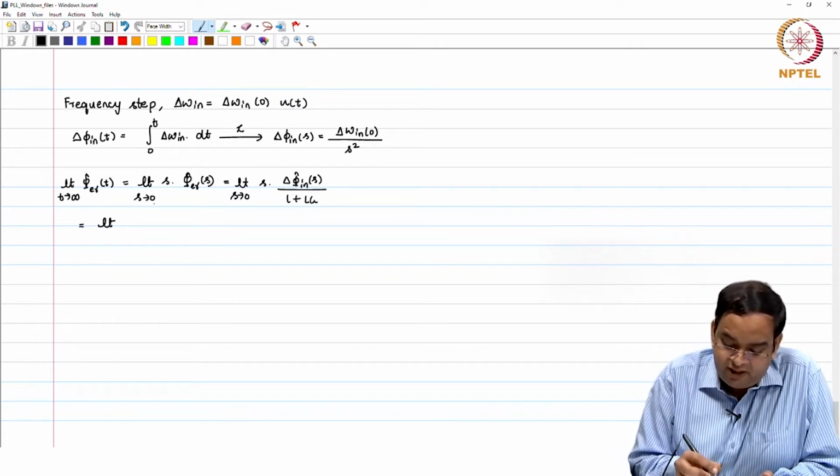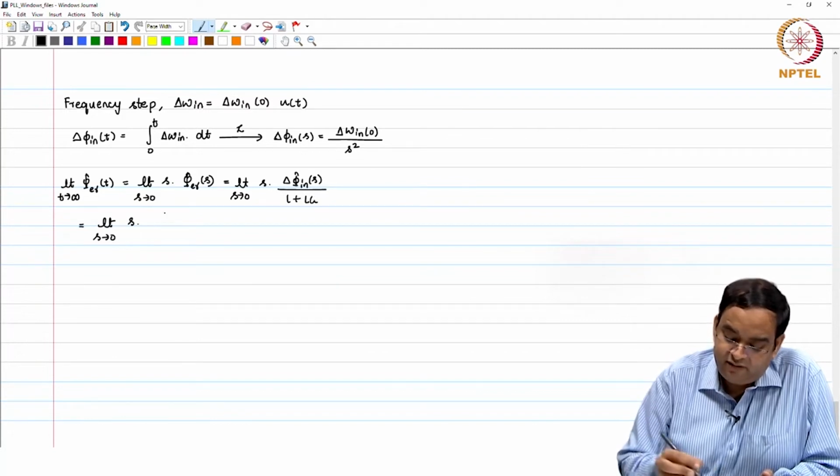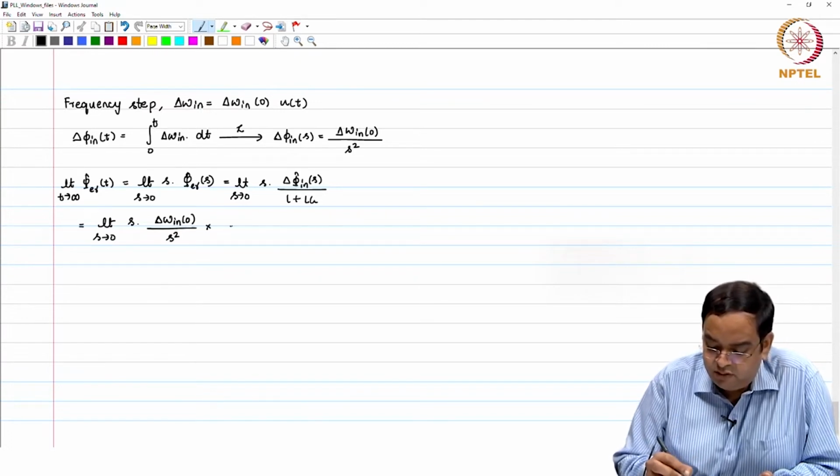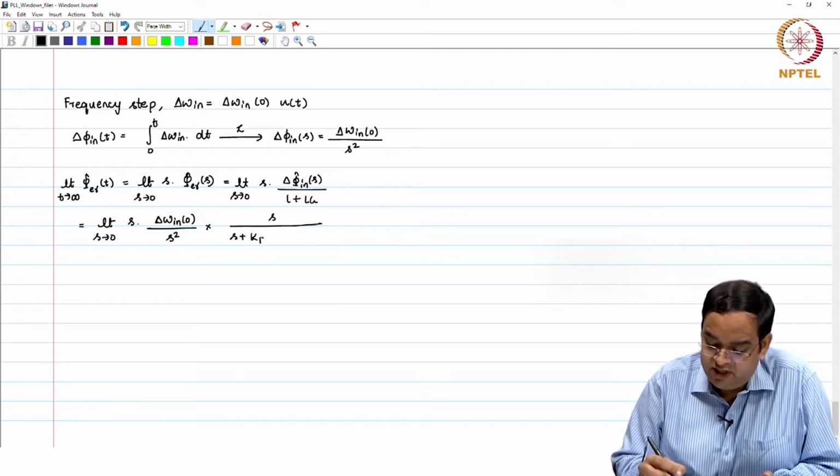I will substitute the parameters for 1 by 1 plus loop gain directly here. This s times delta phi in of s is nothing but delta omega in 0 divided by s square, into s times s plus kpd kvco times loop filter of s.